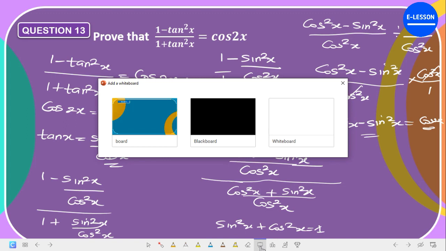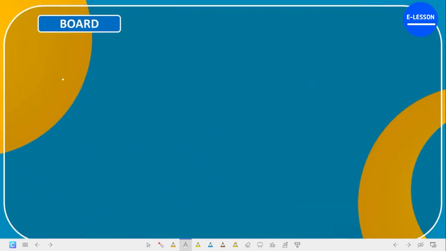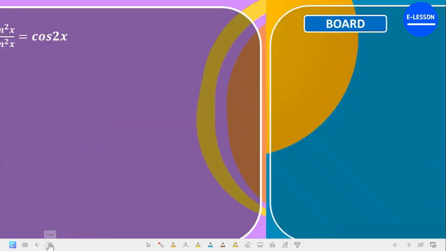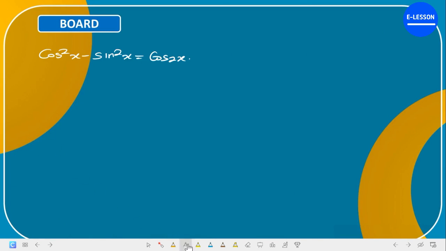Cos square s minus sine square s is equal to cos 2s. Okay, that's what we have. Note that we earlier said that sine square s plus cos square s is equal to 1.